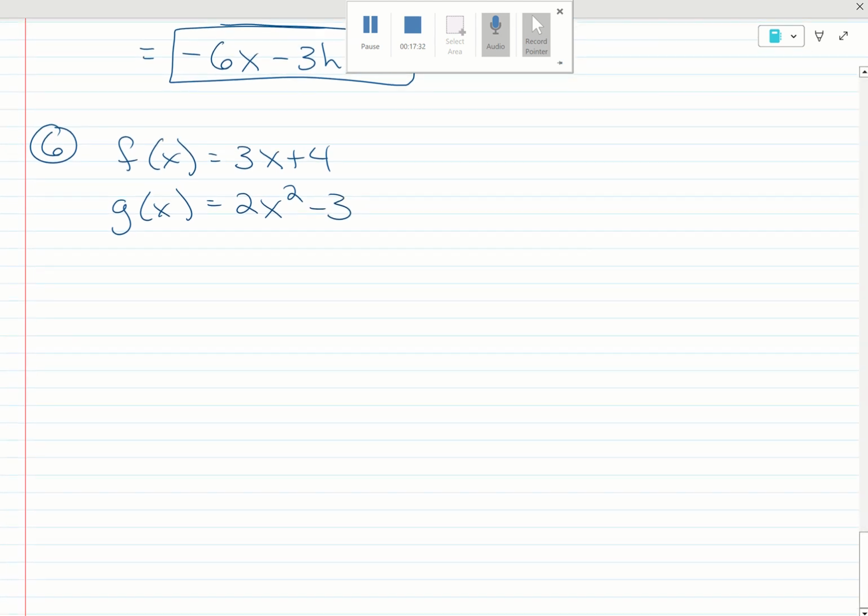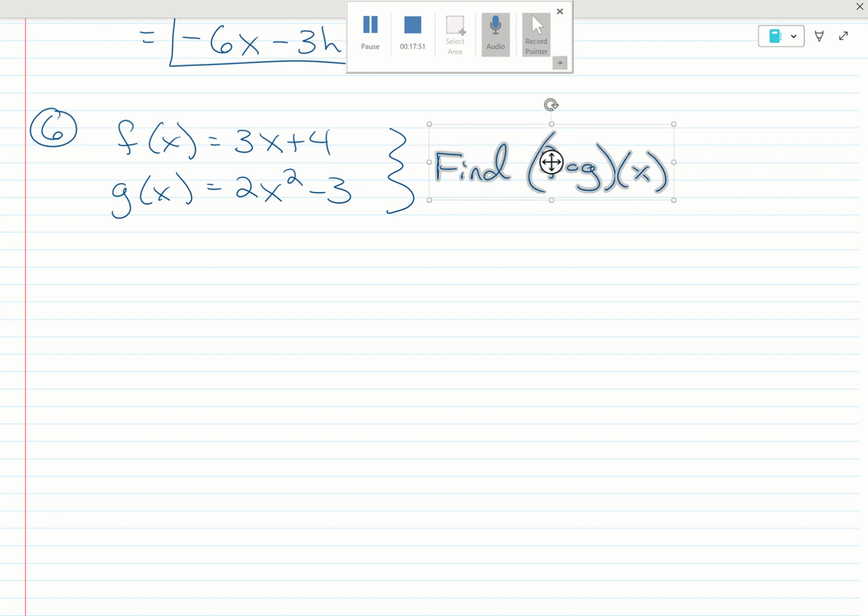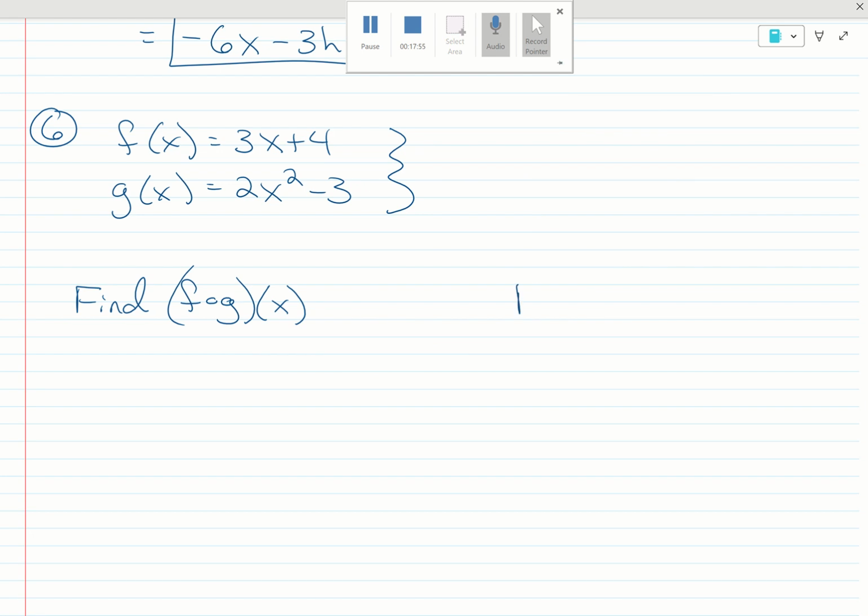And the question's asking us to find f of g. So we're going to find this, and then we're going to do the reciprocal too, or the inverse, just so you have an idea of how both work.